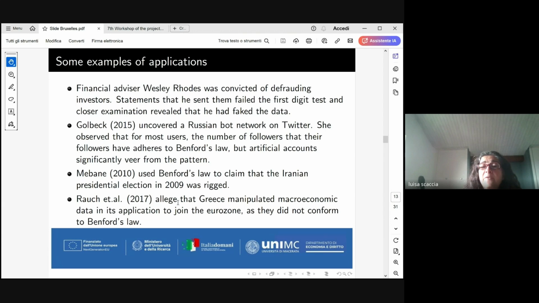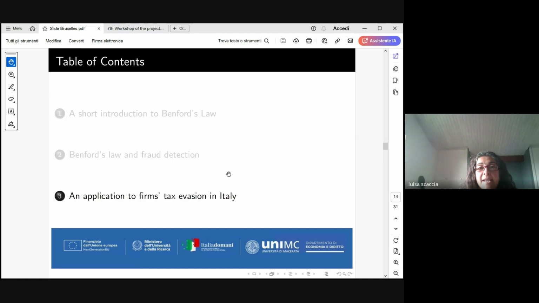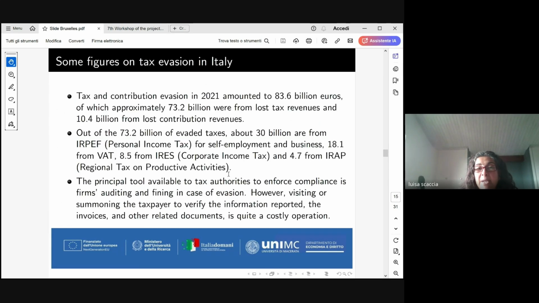Or still, Benford law has been used to claim that the Iranian presidential election in 2009 was rigged, or that Greece manipulated macroeconomic data in its application to join the Eurozone. So these are just some past applications.